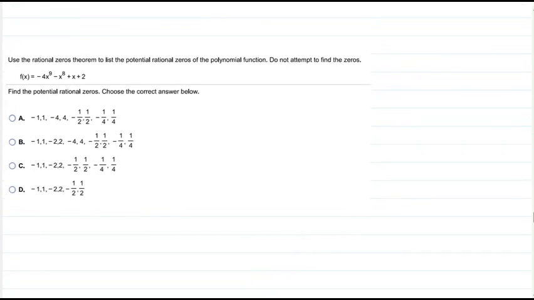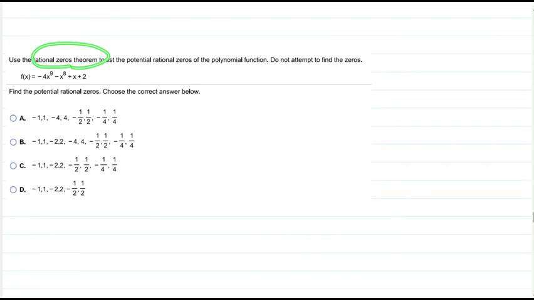In the next problem, we want to use the rational zero theorem to list the potential rational zeros for this polynomial. What was the rational zero theorem?